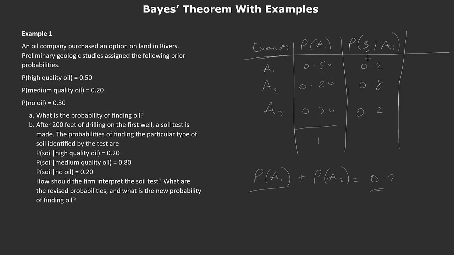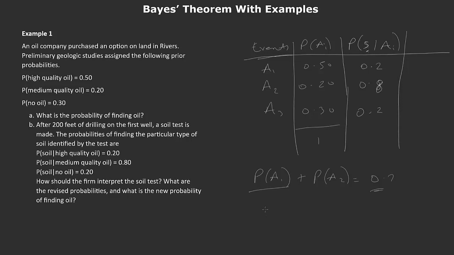Now, this other information means whenever they find medium quality oil, 80% of the time, this soil is encountered. Then this third property means whenever there is this scenario of no oil being found at all, they encounter this soil just 20% of the time.